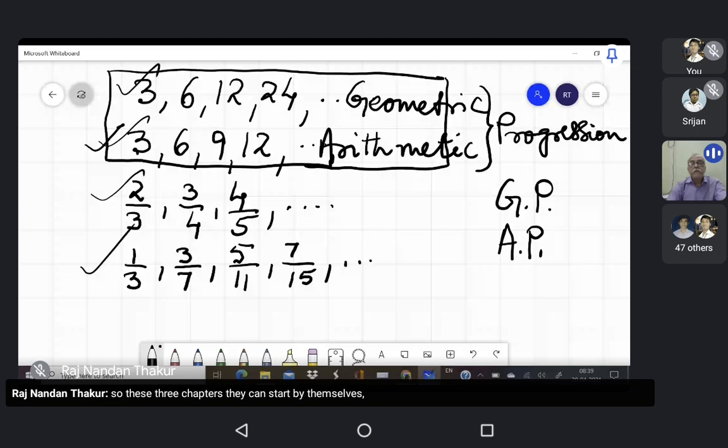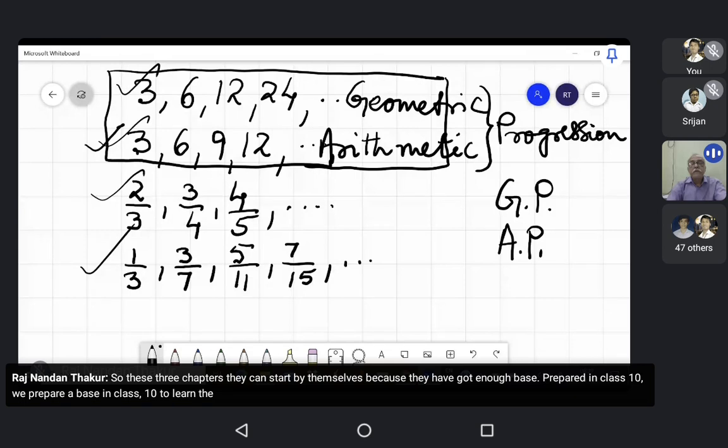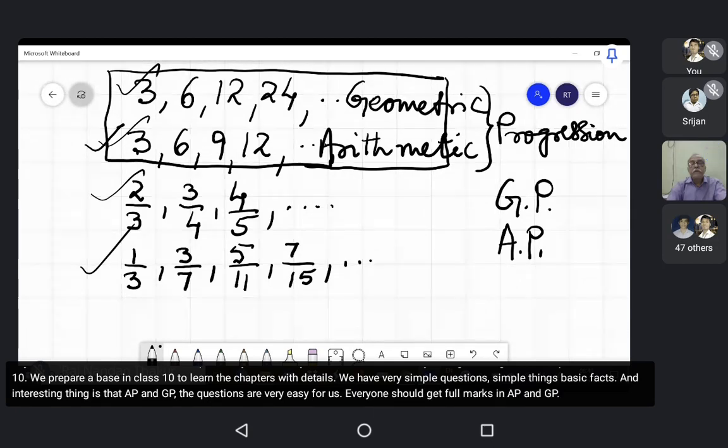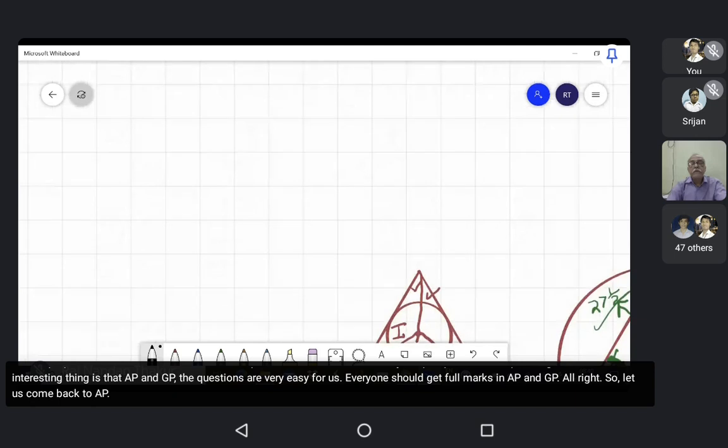We prepared a base in class 10 to learn these chapters in detail. We have very simple questions, basic facts, and the interesting thing is that in AP and GP the questions are very easy for us. Everyone should get full marks in AP and GP. Alright? So let us come back to AP.